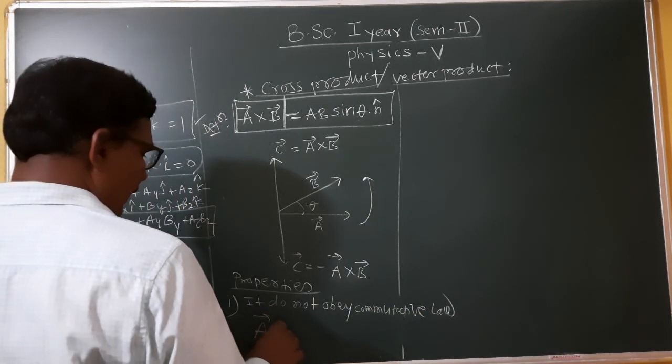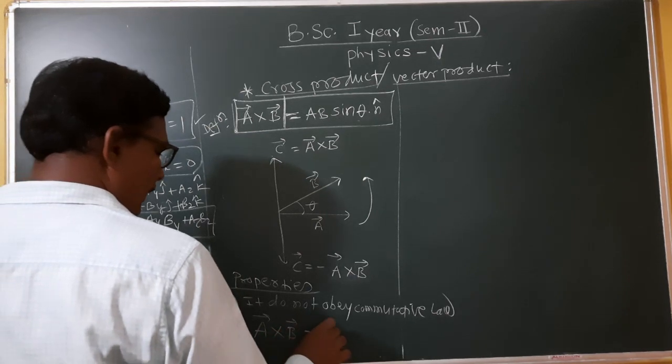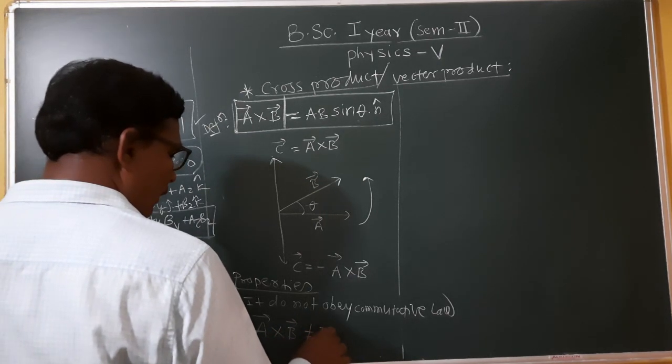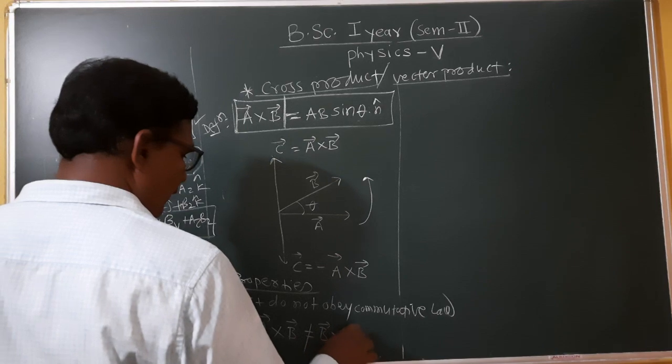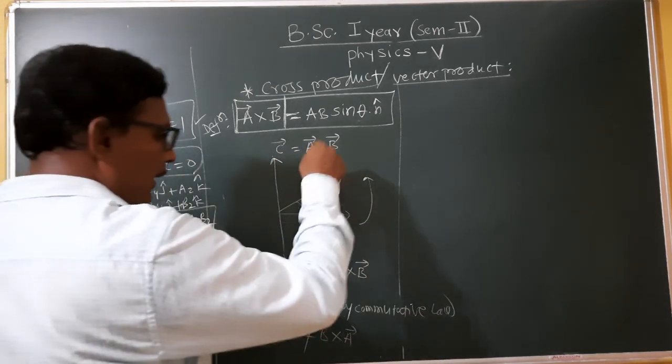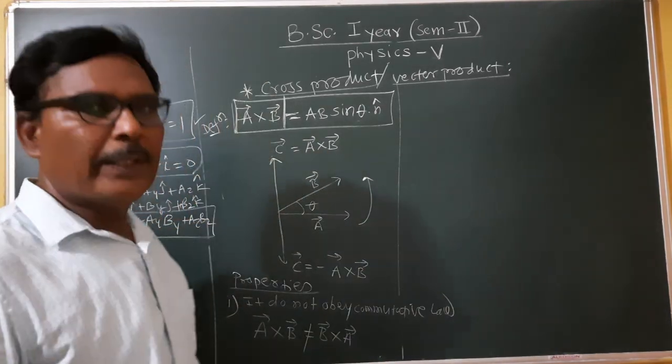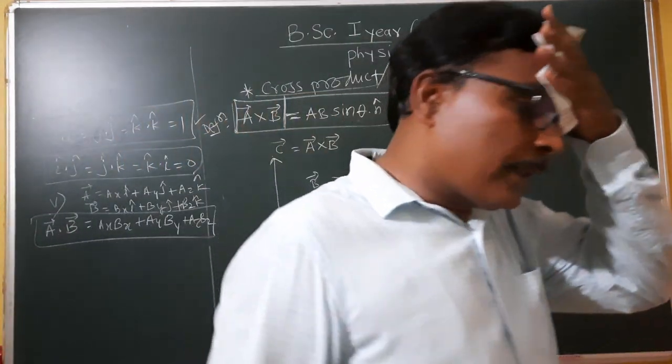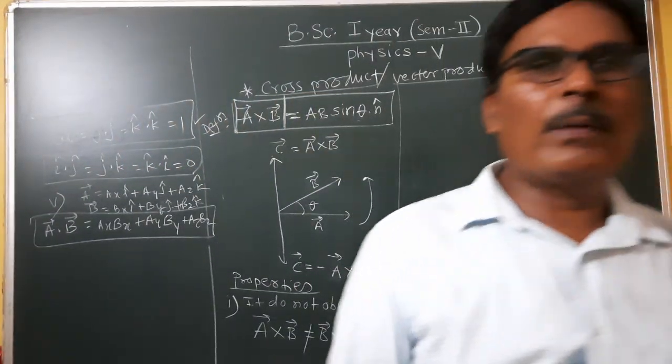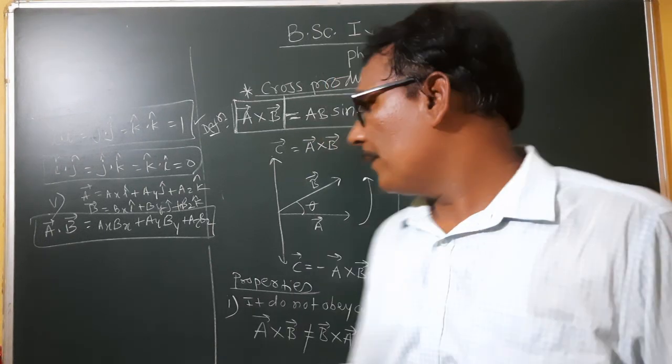That is, A bar cross B bar is not equal to B bar cross A bar, because here direction is changed. So it does not obey the commutative law. Scalar product obeys the commutative law, but vector product does not obey the commutative law.